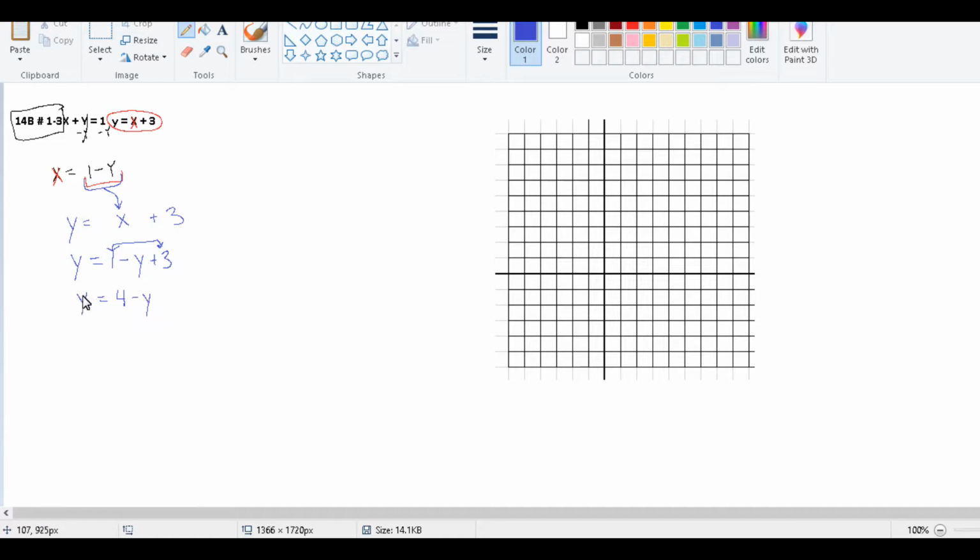And now I want the y's on the same side. So I'm going to add this y to the other side. So over here it goes away, and I have 4 is equal to 1y and another y. So that's 2 y's. To get y all by itself, I need to divide by 2. So now I have y is equal to 4 divided by 2 is 2.